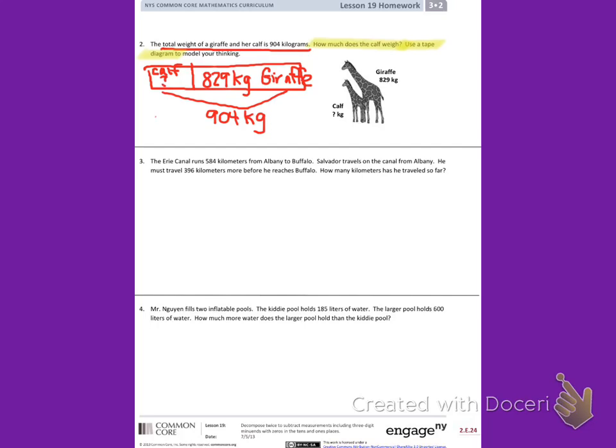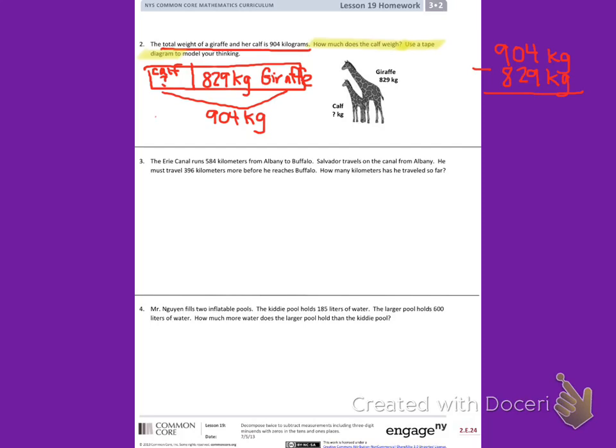Alright, so let's take those 904 kilograms and take out the 829 kilograms that we know the giraffe weighs, and whatever is left will be the amount that the calf weighs. If we have 4 ones, can we take away 9 ones?